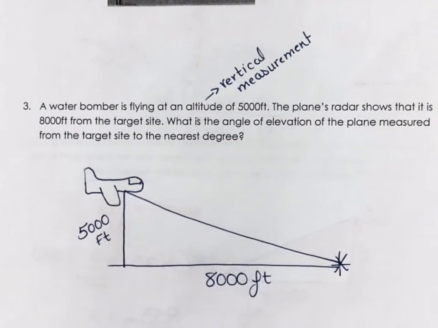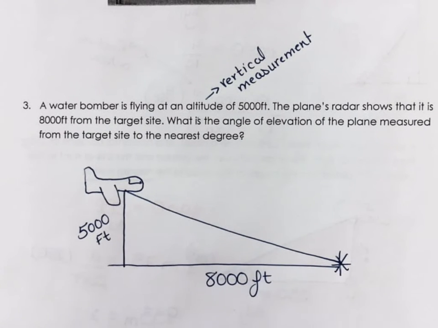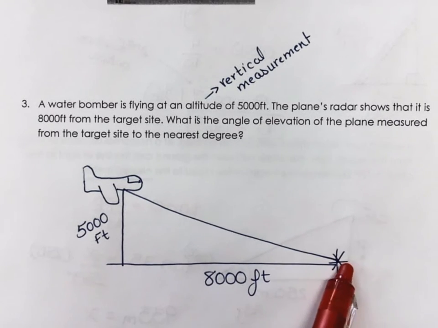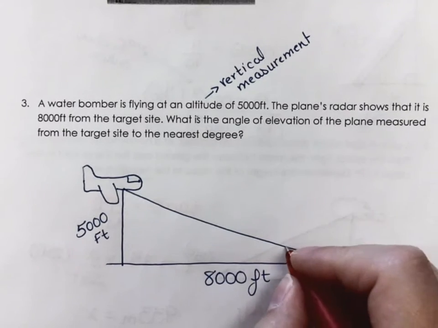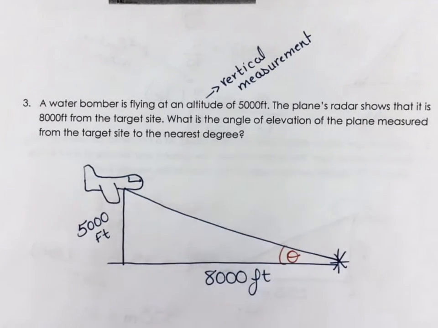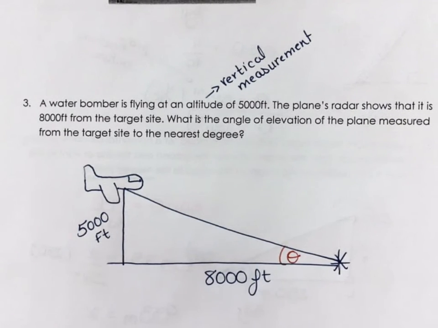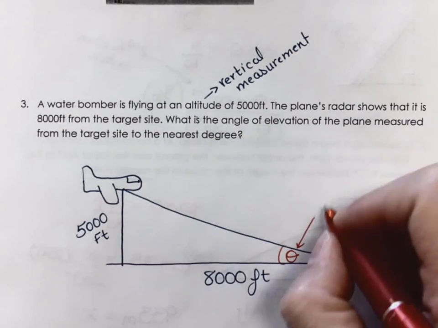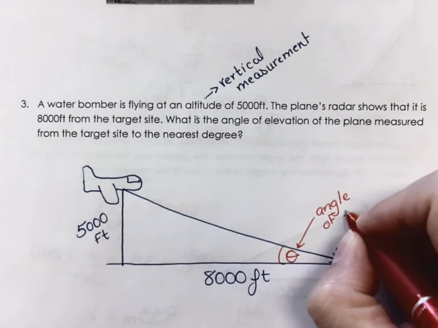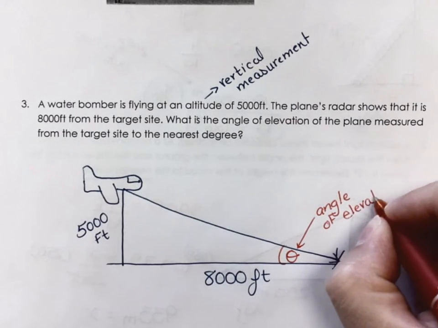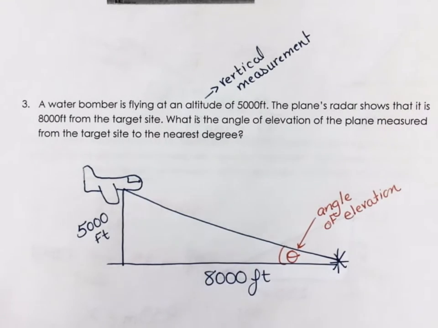That's kind of wonky, but we'll go with it. The angle of elevation is the angle that looks up from the horizontal. So here's the horizontal, and we're looking up. The angle of elevation is right there. So that's your angle of elevation.